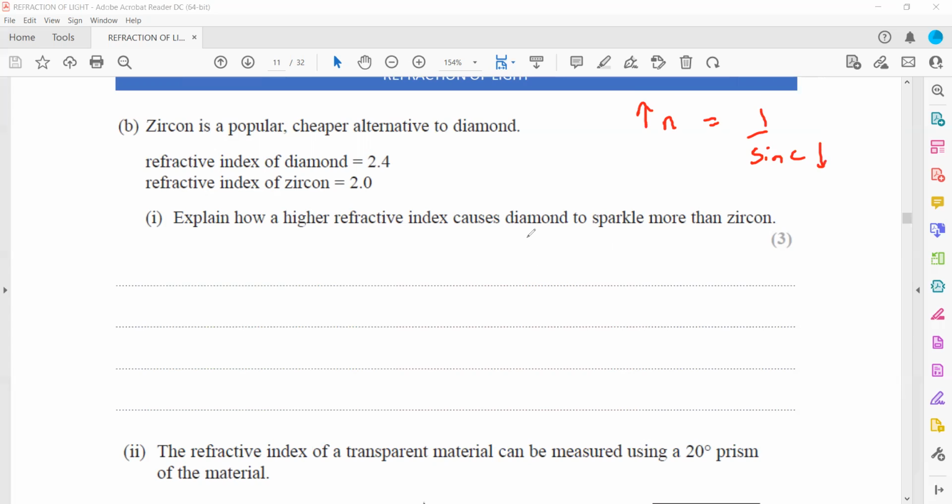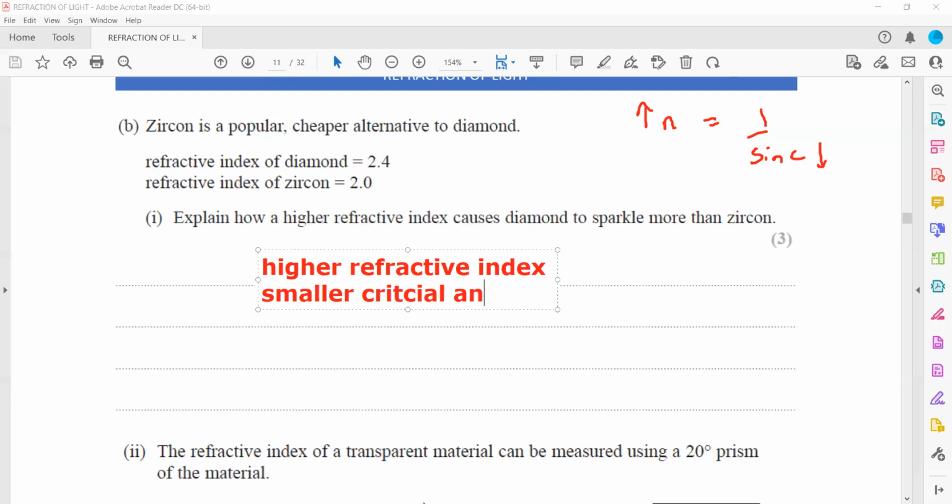If the critical angle is small, then for smaller angles, multiple reflections can occur. So a higher refractive index will have a smaller critical angle. As a result, there will be more reflection. That's why diamonds sparkle more than zircon.